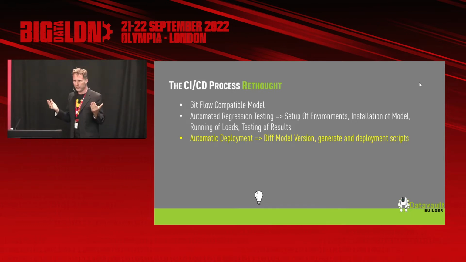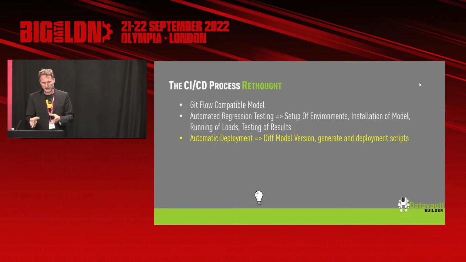If you have both pieces of information, then it's pretty simple. You can compare them and define, okay, this entity needs to be created, this entity needs to be changed, some columns need to be added, and you can write all the diff scripts. But you need to automate it. You could do this manually, but this is really tiring work, and the chance that you make mistakes is very, very high.